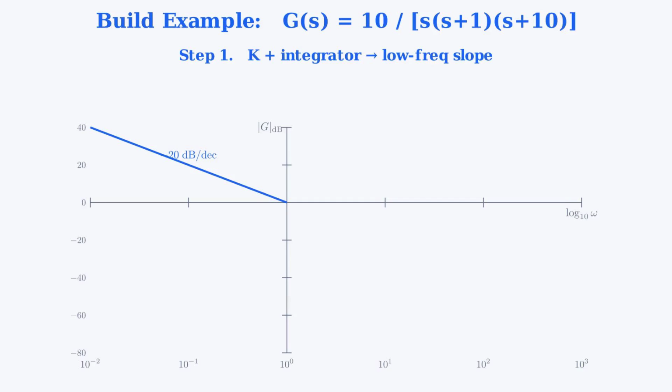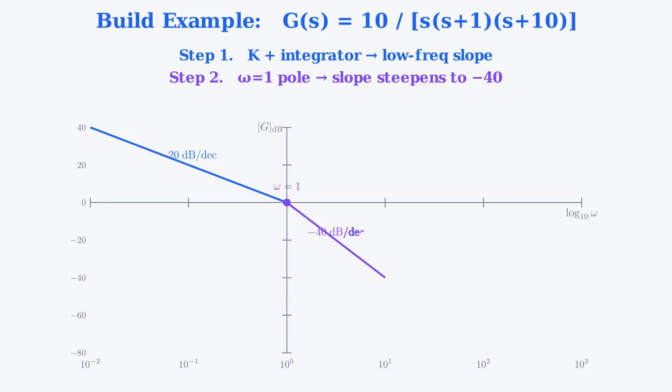Constant gives 20 log 10, which is 20 dB. Integrator gives minus 20 log omega, a slope of minus 20 dB per decade. Each pole adds minus 20 log of its corner value at low frequency. Minus 20 log 1 is 0, minus 20 log 10 is minus 20 dB.